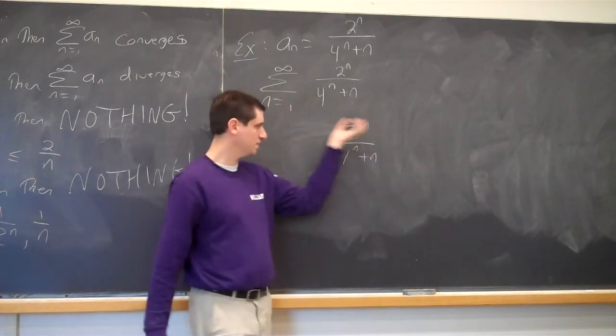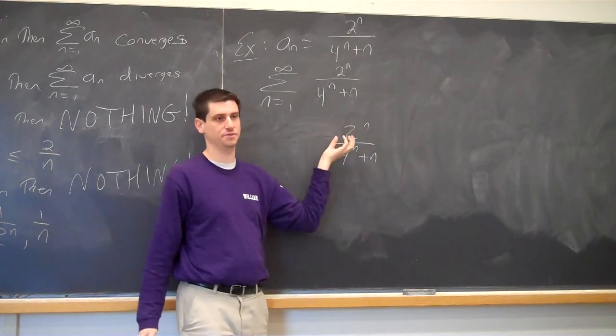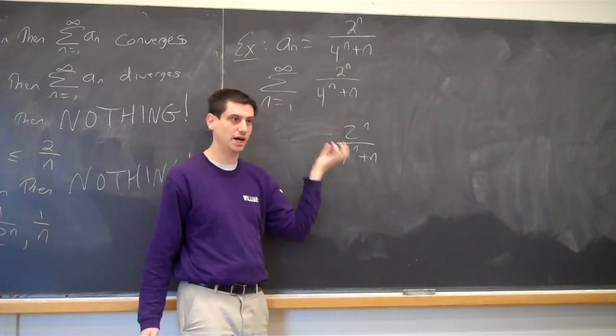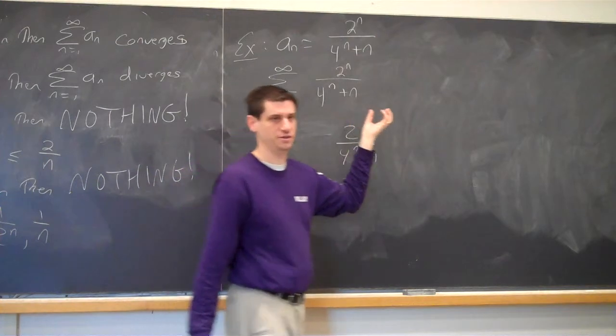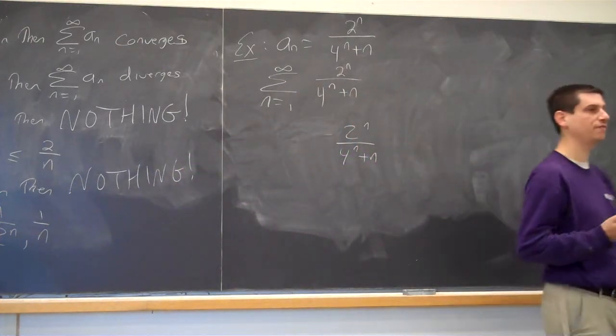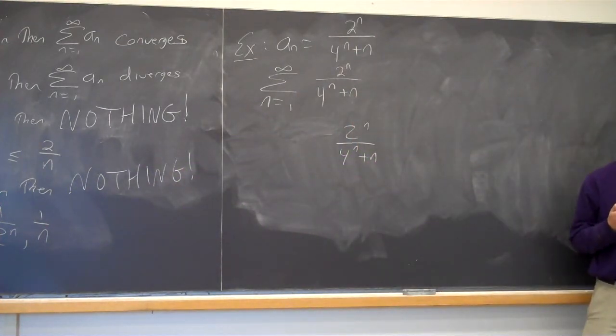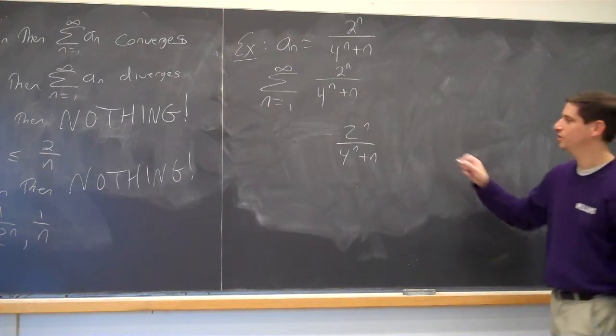Do I want to find something larger than this or something smaller than this? Larger. I think it converges. So I think it converges. I want to find something larger. What's the natural candidate? 1 over 2. Okay. What's the natural candidate said in the natural way? The natural way is not to say 1 over 2 to the n. 2 to the n over 4. 2 to the n over 4 to the n.